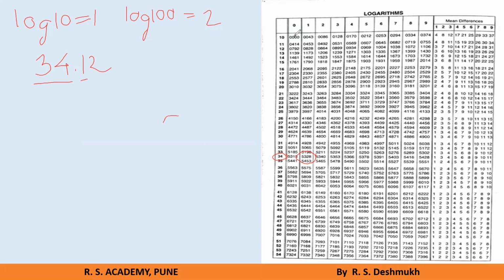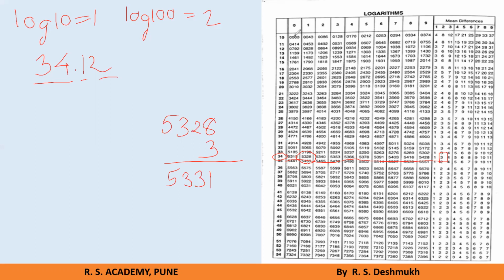So I write the value here, 5328, and the last digit is 2. So I continue in the same row and move to the mean difference, and you can observe the mean difference is 3. So I just add it, and I get 5331.